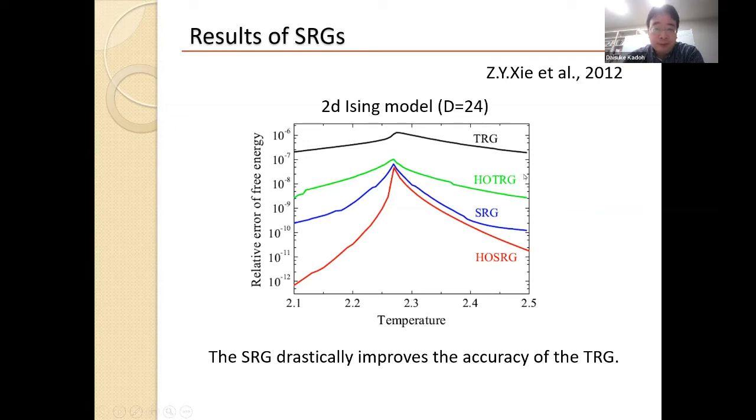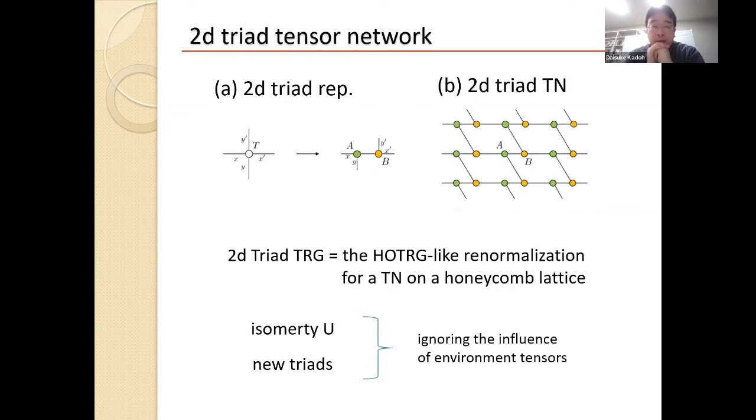So, I proposed the SRG scheme in the triad SRG in 2 dimensions. In 2 dimensions, the triad representation of a rank 4 tensor is a product of 2 rank 3 tensors.